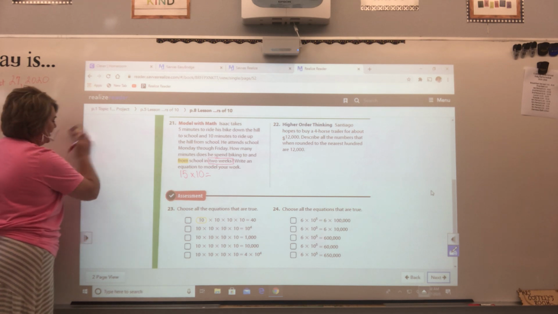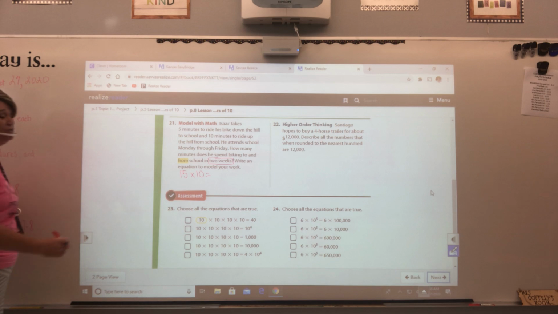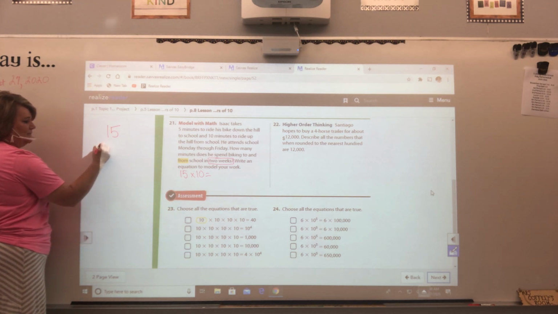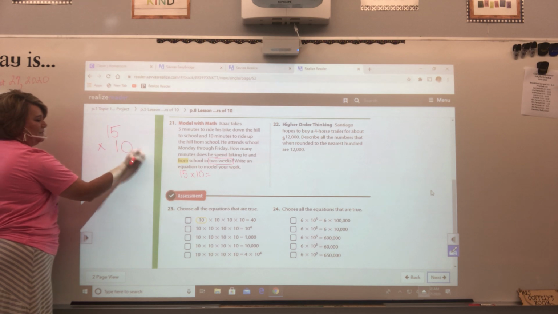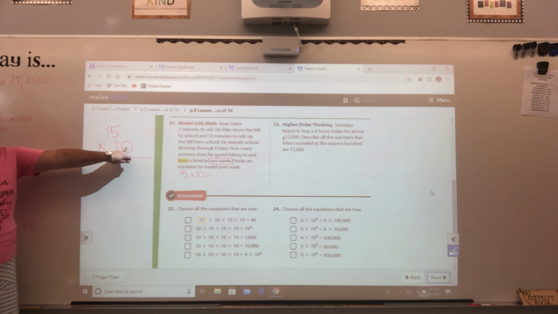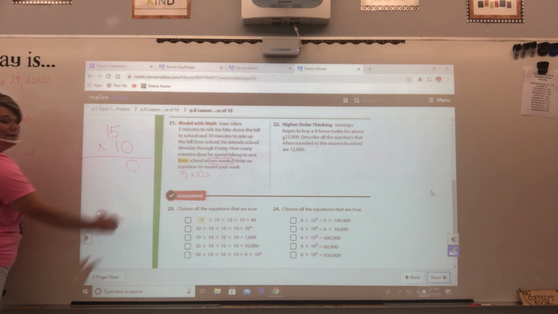So you might already know this, but if you don't, I'm fixing to show you a cool trick. I'm going to put 15 on top times, and I'm going to let my 0 hang off on 10. Have y'all ever seen this before? Yes. You have? Good, because it's a cool trick. Okay, just put your hand down and just watch me. So now all you have to do is bring that 0 straight down, just like that.